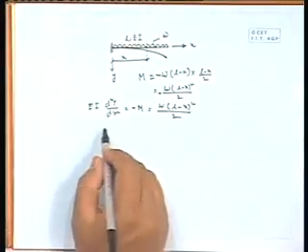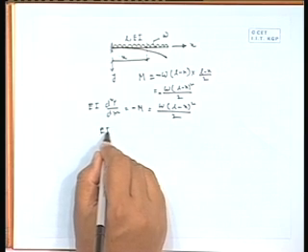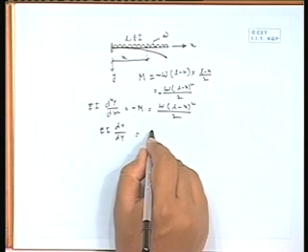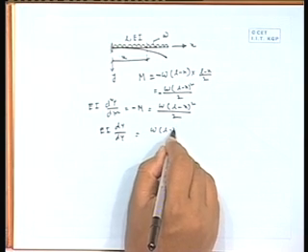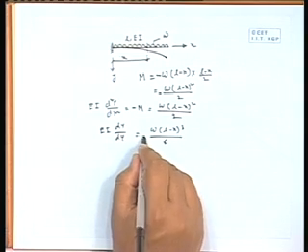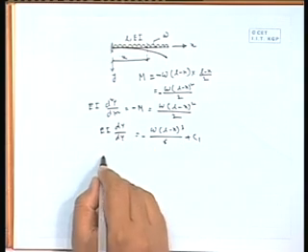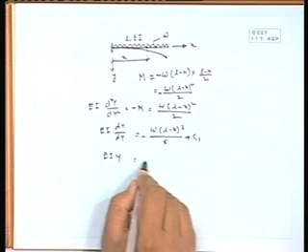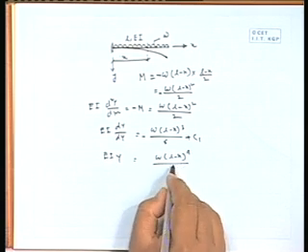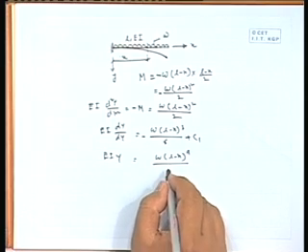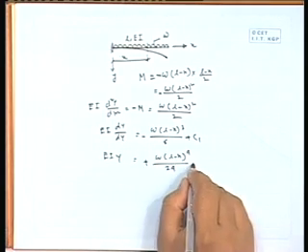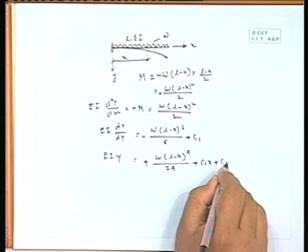In a similar manner we will integrate as we did in our previous problem. It will be EI dy by dx equal to omega L minus x cube divided by 6 minus C1, and EI y equal to omega L minus x to the power 4 divided by 24, 4 into 6 is 24, and minus and minus will be plus, C1 x plus C2.